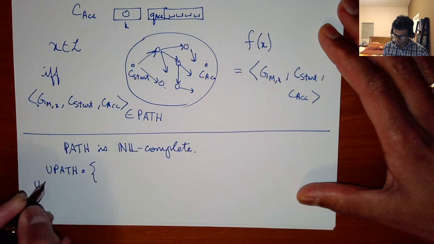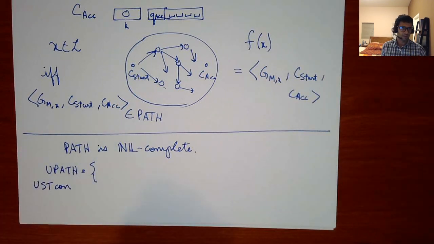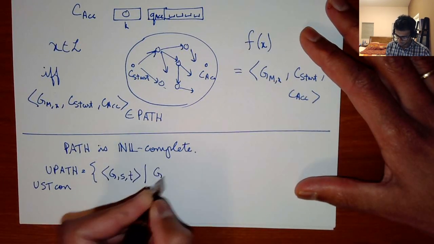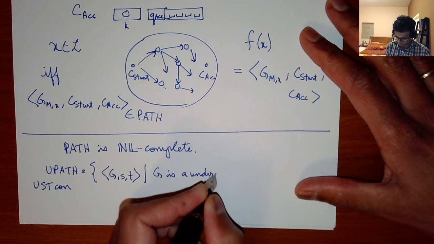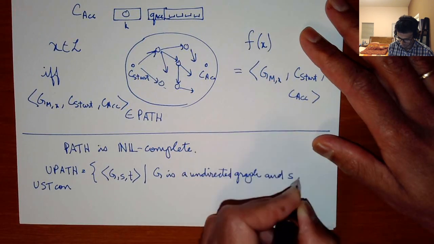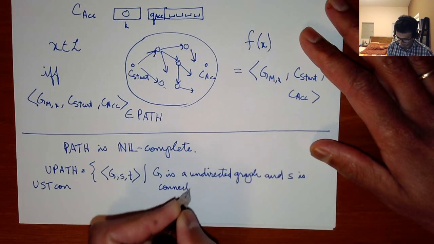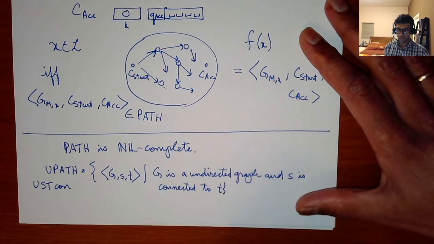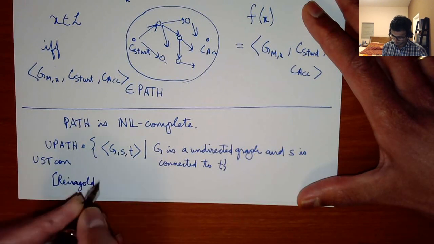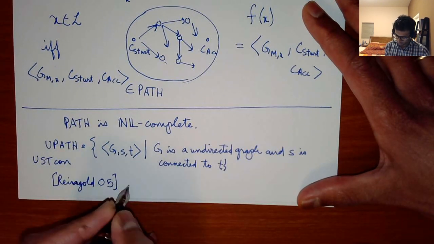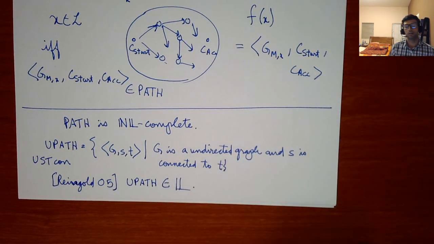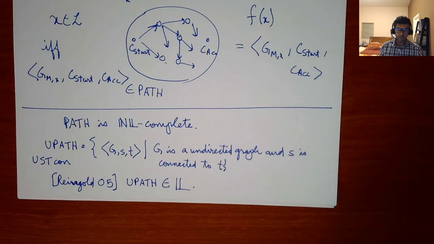This is also referred to as undirected ST-con, undirected ST connectivity, which is just (G, S, T) where G is an undirected graph and S is connected to T. And what Reingold showed, I think it was in 2005, is remarkably that this is in L. There's actually a log space algorithm to do this, which is almost unimaginable.